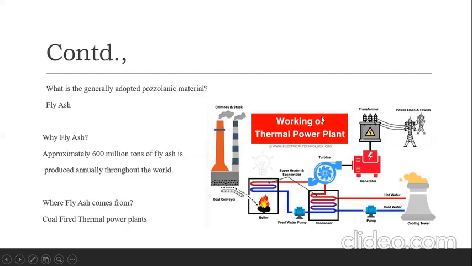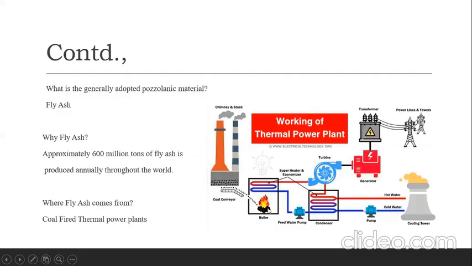Why? Fly ash is a byproduct obtained from coal-fired thermal power plants. This is the process in which fly ash is created: coal is used for creating heat in the power plant. With the help of heat, steam is created, and with the help of steam, the turbine is rotated, and with the turbine rotation, electricity is produced and fed to the transmission line. At the same time, a large amount of coal is burnt to produce the heat.